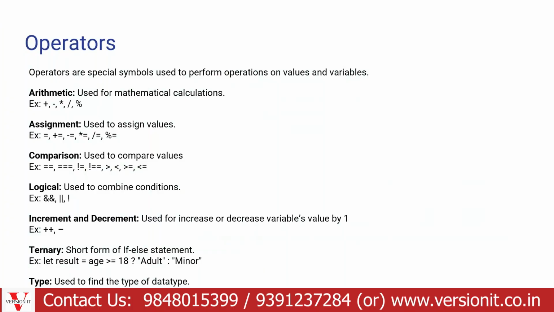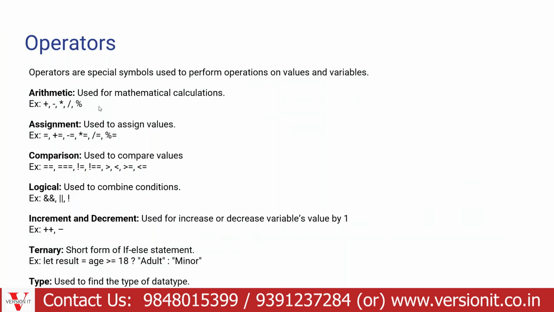All these are arithmetic operations, and for each operation we have a different symbol. Plus is used for addition, minus for subtraction, the star asterisk for multiplication, slash for division, and percentage for modulus.